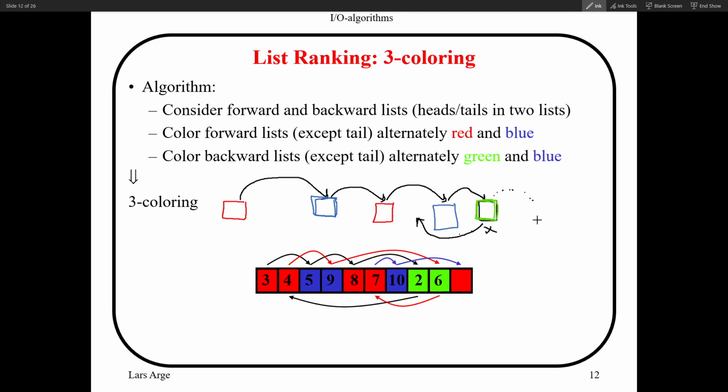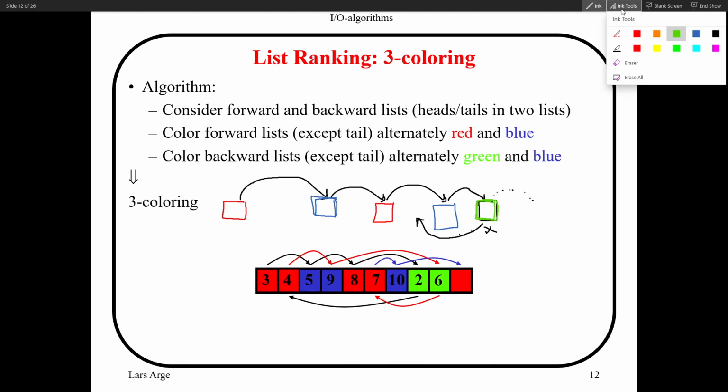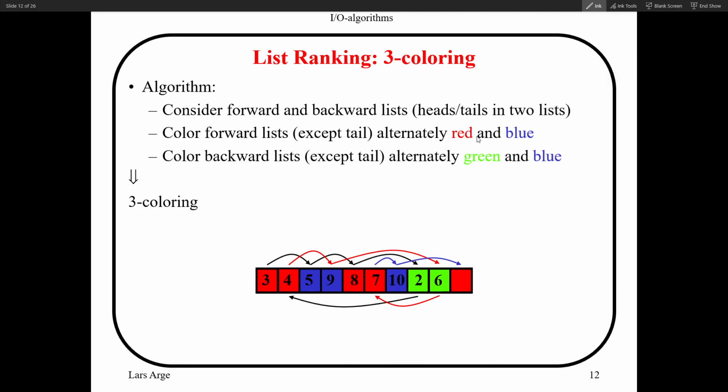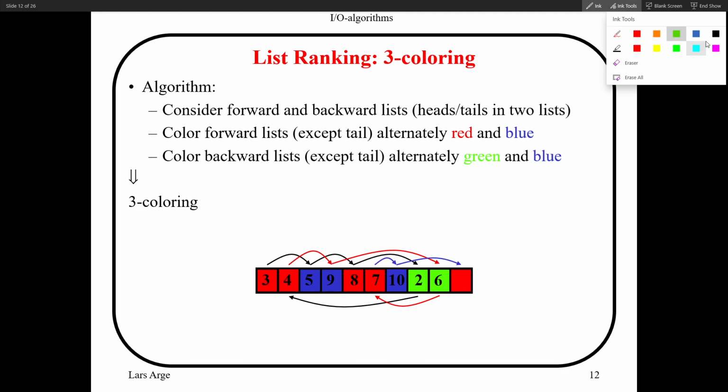So that gives us a way to describe the coloring, except that I have to tell you how to do the actual coloring. Now we have a description of the coloring, but the process of finding out what the color is is actually a little bit complicated, because this is almost a Boolean list ranking.